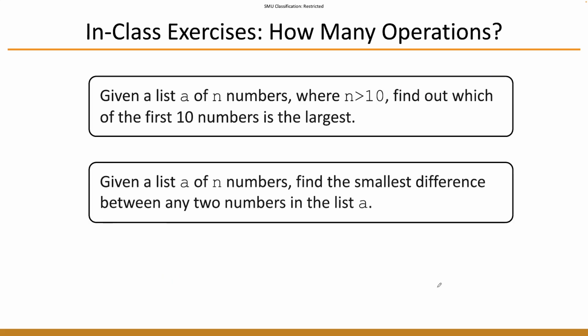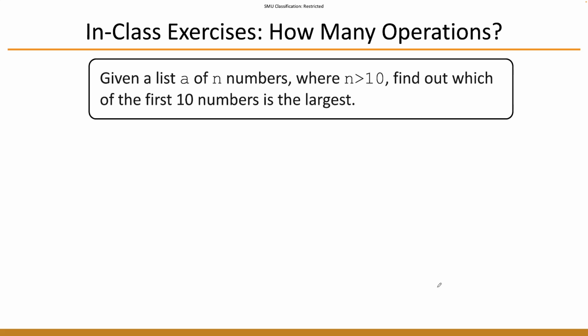Right, so let's look at some examples. In these two class exercises, we will provide you with the exact code. You will follow the code and try to follow very similar steps to come up with your estimation of the operations. For the very first one, you are given a list A of n numbers.